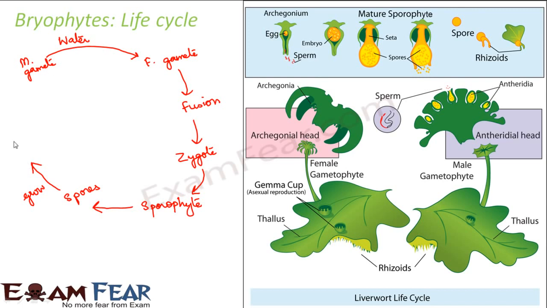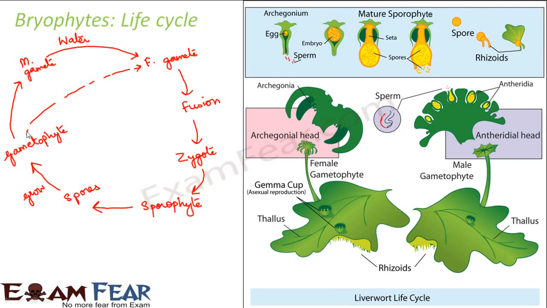The new or mature plant is nothing but the gametophyte, because gametophyte is present in a mature plant, and this gametophyte will then give rise to the gametes, the male gamete and the female gametes. Again, water will carry the male gametes to the female gametes, fusion will happen, a zygote will be formed, then the zygote will grow to form the sporophyte, this will release spores, spores will grow to form the gametophyte, and the cycle will keep on continuing.